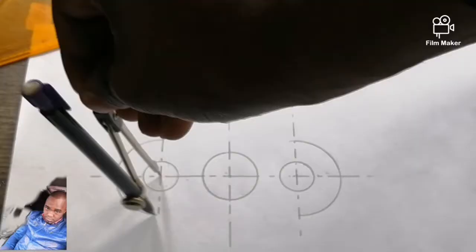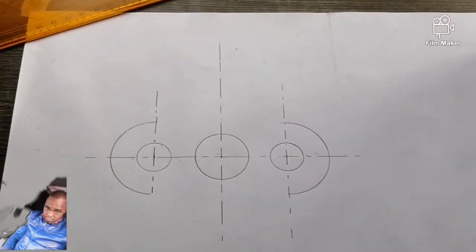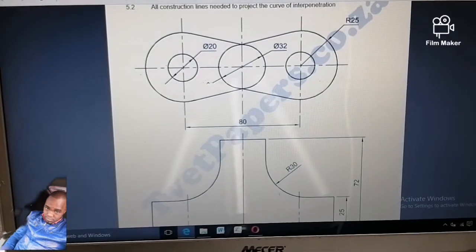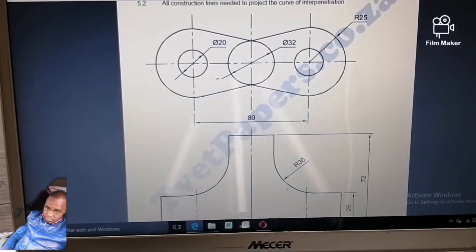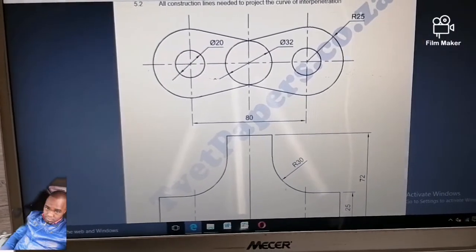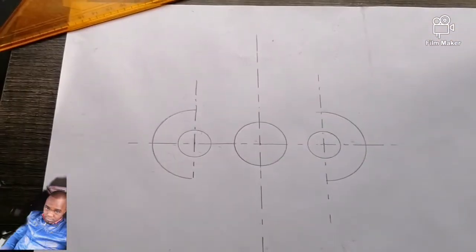You understand? Then like this we have. Remember that we are still drawing the top view, which is this one. Now you join those circumferences of the radius 25 and diameter 32, like this. Let me show you.